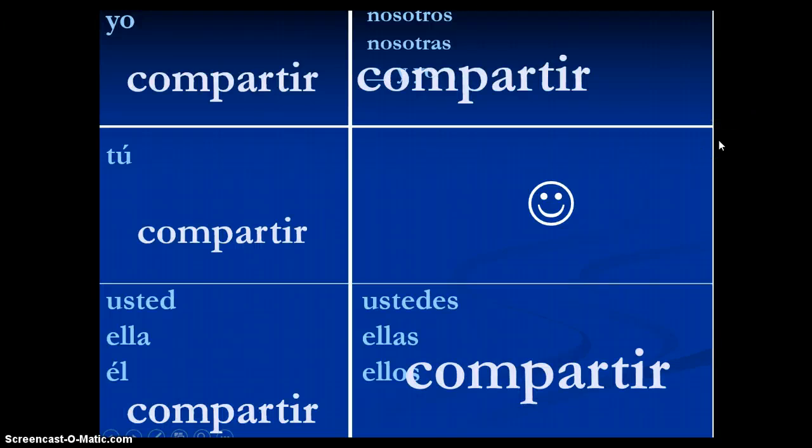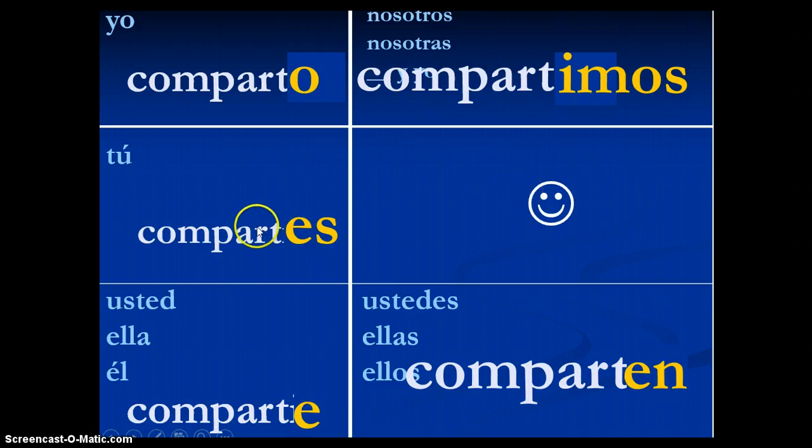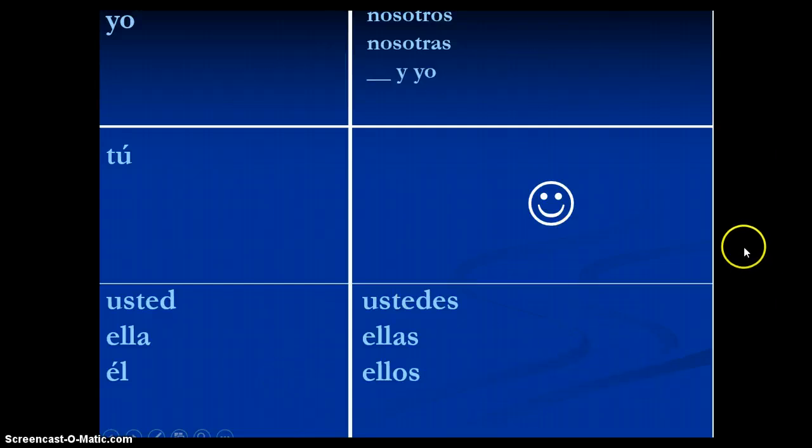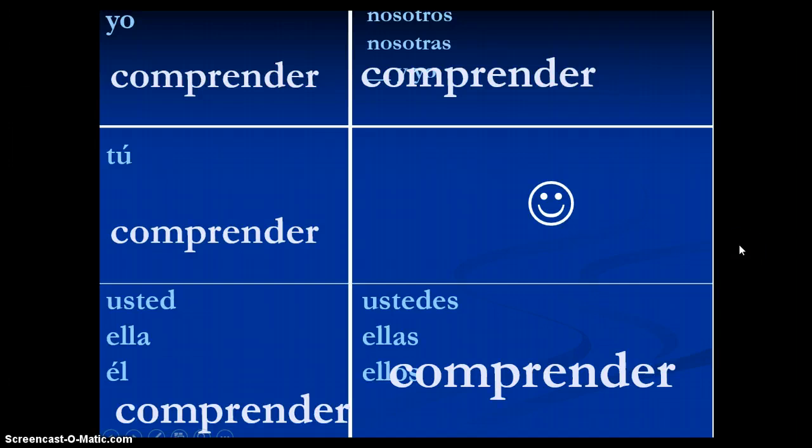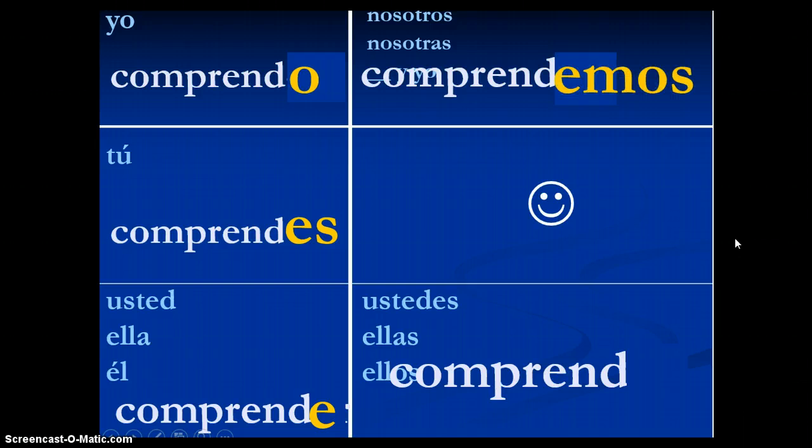How about compartir? First we must remove the end, then we're left with just a stem. Then we add our endings on to conjugate that verb. Comparto, compartes, comparte, compartimos, comparten. I share, you share, he shares, she shares, we share, they share. Or comprender, to understand. I understand, comprendo. You understand, comprendes. Comprende, comprendemos, and comprenden.